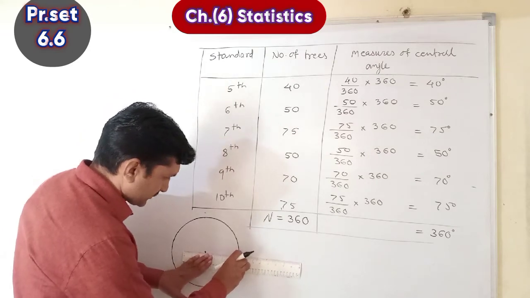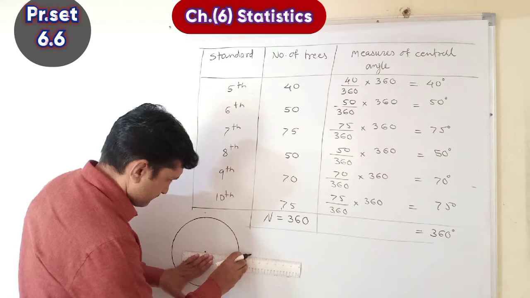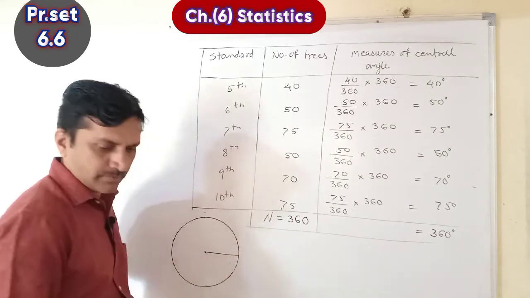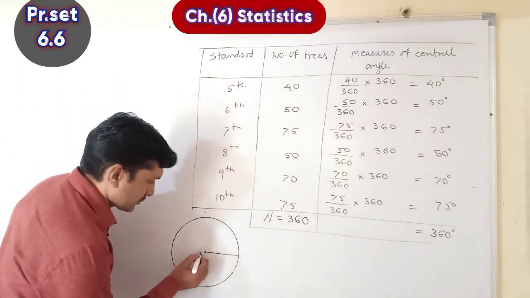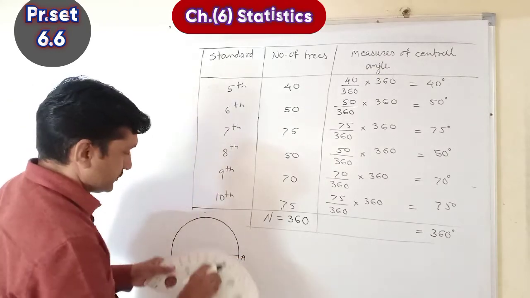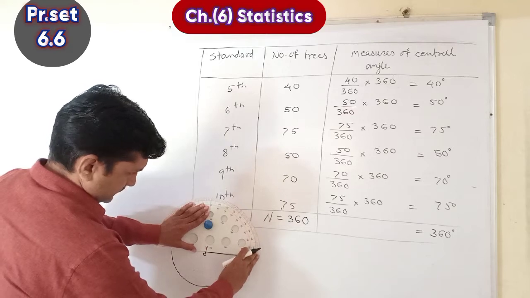Now you fix here one radius first. And now draw these angles here. First radius, I take here OA, 40 degree. First angle is 40 degree.